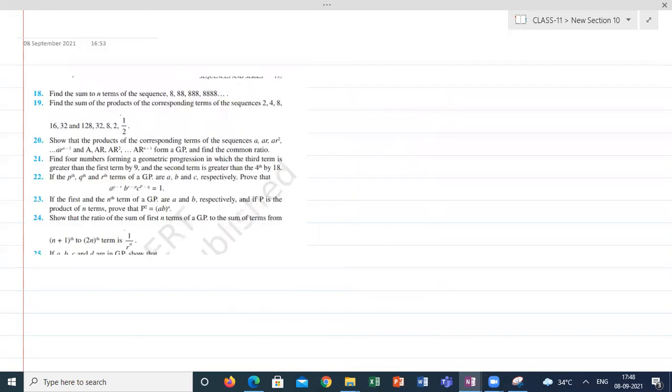If the first and nth term of a GP are a and b, and P is the product of n terms, prove that P square is equal to (ab) whole power n. The first term is a, the nth term is a times r power n minus 1, which is equal to b.